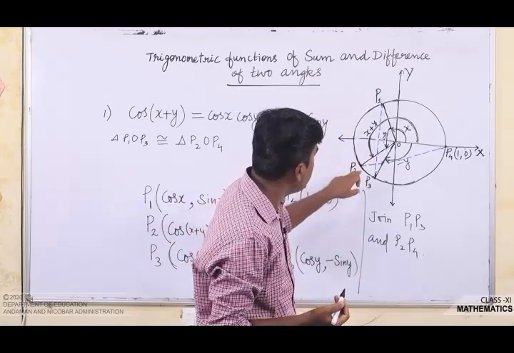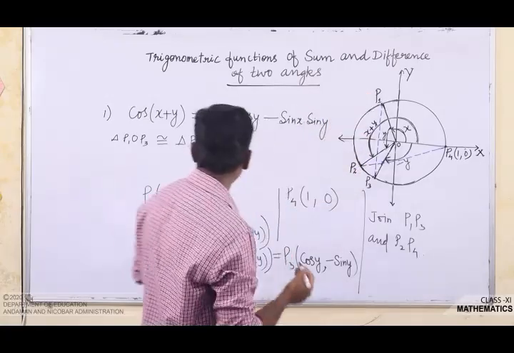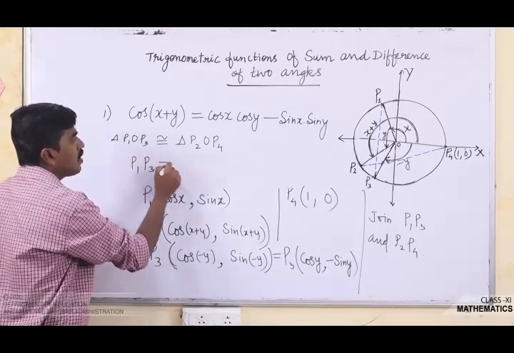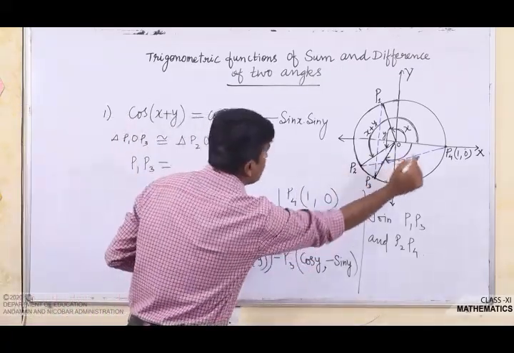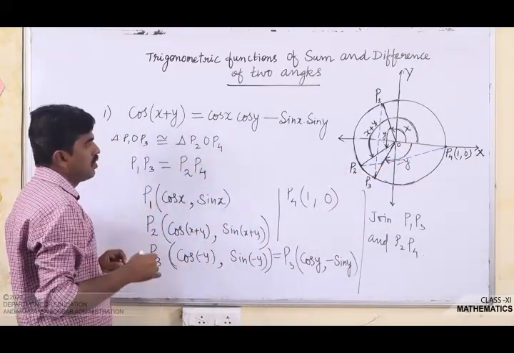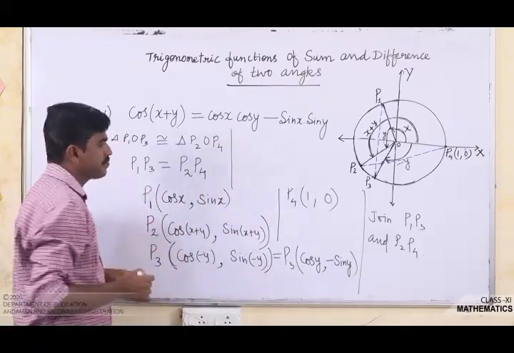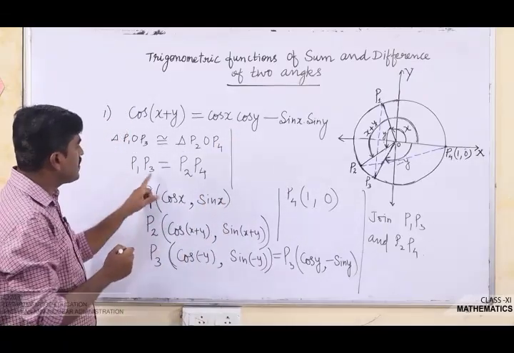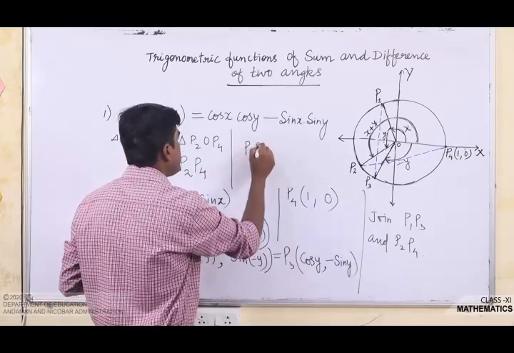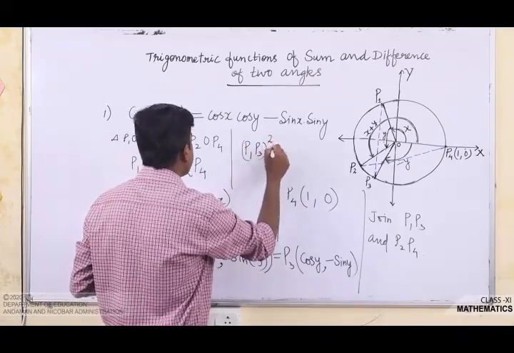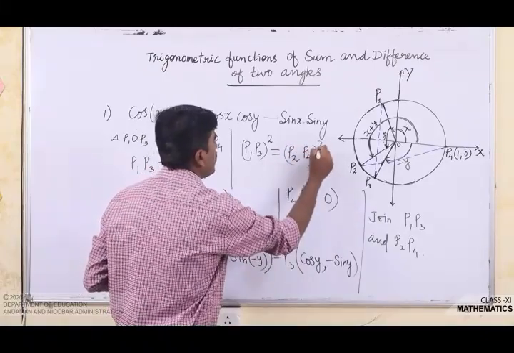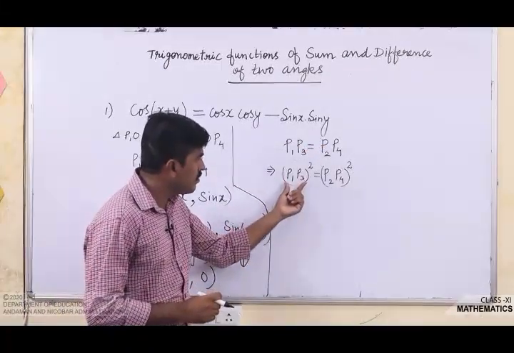So here P1P3 is equal to P2P4. If squaring, then P1P3 whole square is equal to P2P4 whole square. Okay. Now let's find the value of P1P3 whole square.